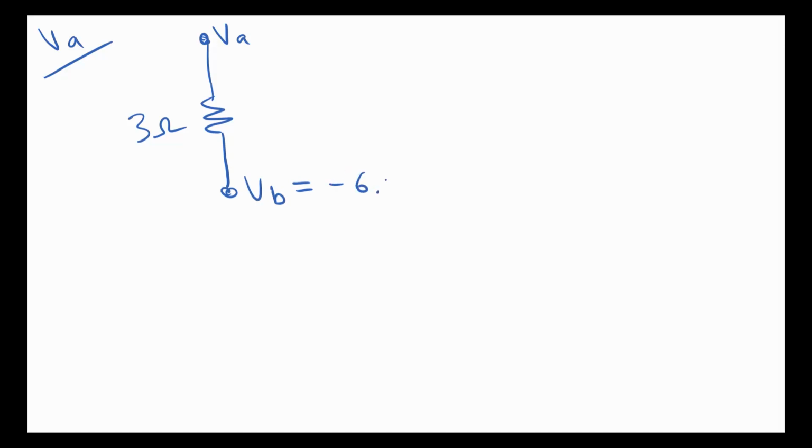It's minus 6.222 volts. And then let's just denote the voltage drop across there. We say that that's V3 ohms, and then we know that VA is going to be equal to that voltage drop, V3 ohms, plus the voltage down here, VB.